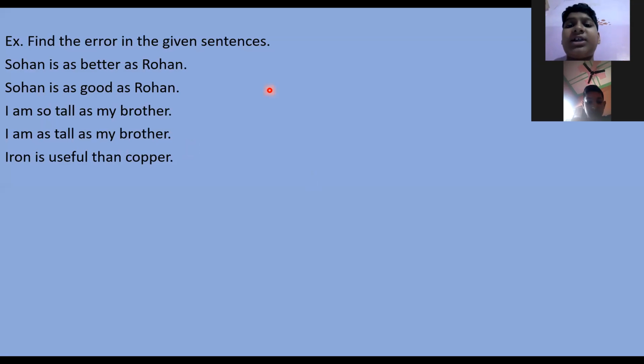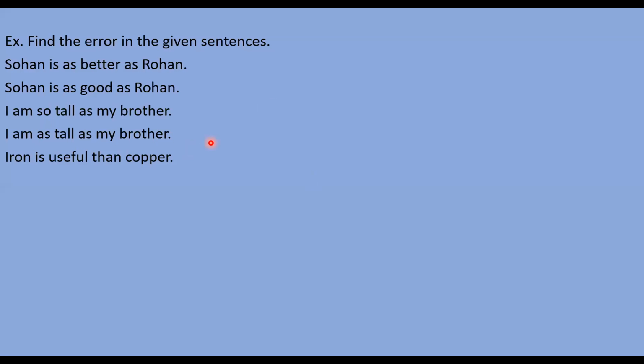Sir, iron is more useful than copper. Very good. You have given the right answer. Iron is more useful than copper, because we are comparing two things. Here we need to use comparative degree. Useful is positive degree. Okay, more useful. Two syllables are there. That's why we need to use more here.